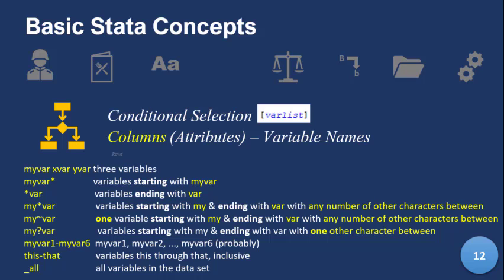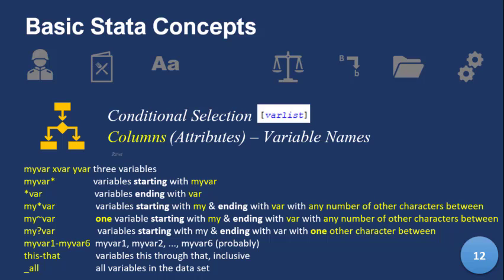Sometimes there could be more, but you know that all the variables start with myvar, so you can put an asterisk. I wish I had some analogy, but when we do the practical session, you'll get to understand. So star var also means all variables that end with the spelling var.